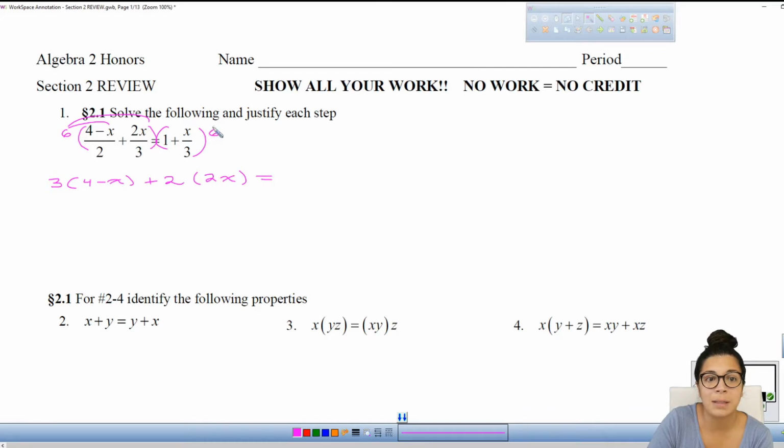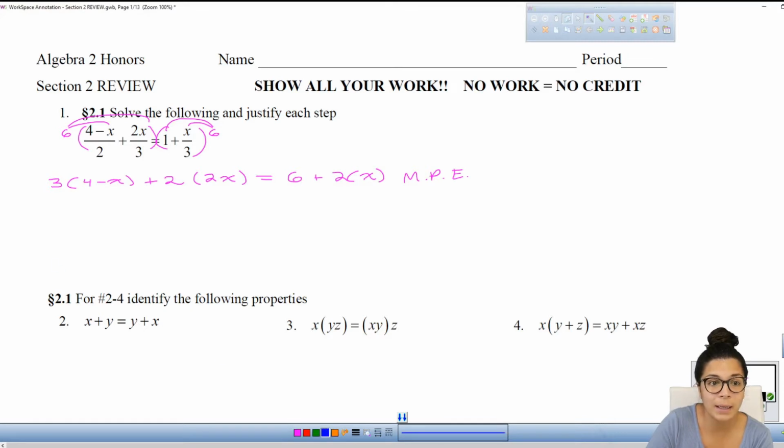And 6 times this term, 1, which would just be 6. And 6 times this term, which 6 divided by 3 would be 2. And then I'll multiply the x after. So at this step, what I used was the multiplication property of equality. I multiplied 6 on both sides. So that would be M, E, E.